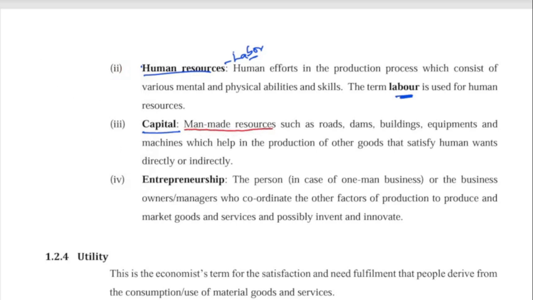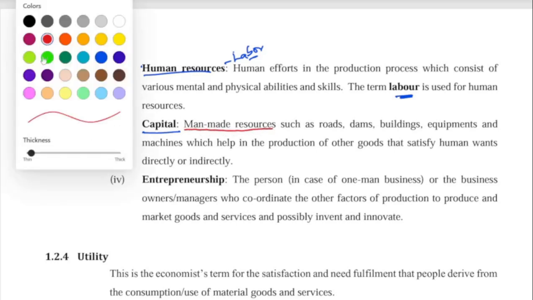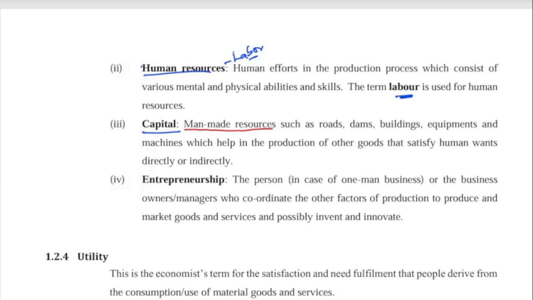And when we say man-made resources, yes, money is part of it. That is the money that we spend, because it is man-made. Then you have good roads, buildings, equipment, machineries and all of those things. So these are what we call capital.